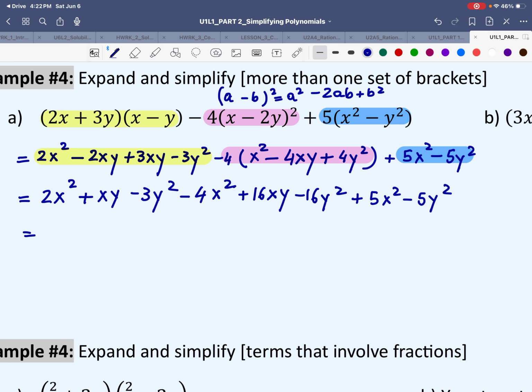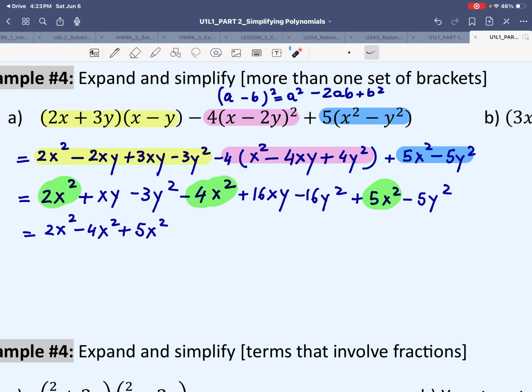So we're going to group like terms, and I'm going to take this as a separate step because it seems that we have quite a few different terms. I'm going to start with x squared terms first. And I see that I have 2x squared and negative 4x squared and a positive 5x squared. So if you highlight them, you can trace them down very easily. I'm just going to write the steps this time.